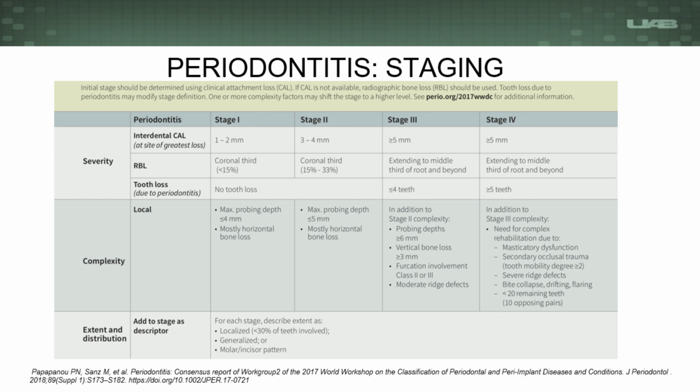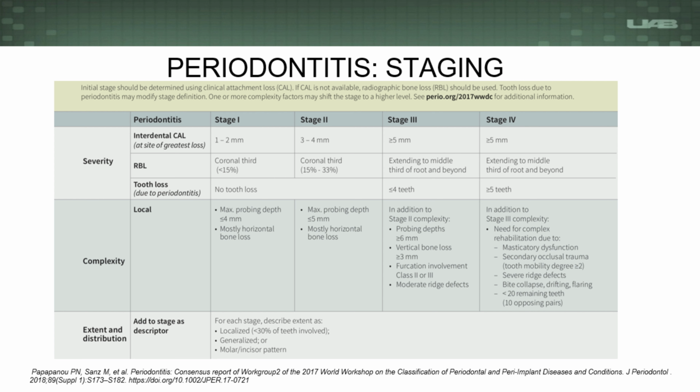Stage two represents the progression from this stage into a more complex disease that is characterized by more attachment loss, about 3 to 4 millimeters, bone loss that's still within the coronal third, somewhere between 15 and 33%. And again, these numbers are somewhat arbitrarily picked, although based on clinical experiences, this is how we describe that progression of disease beyond just incipient disease.